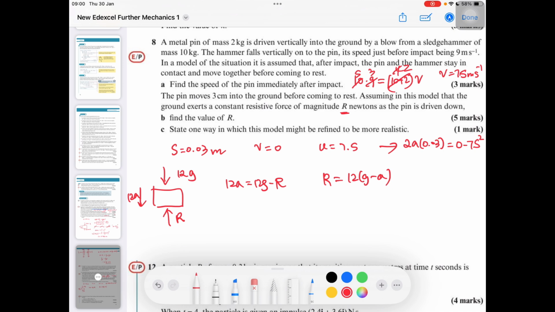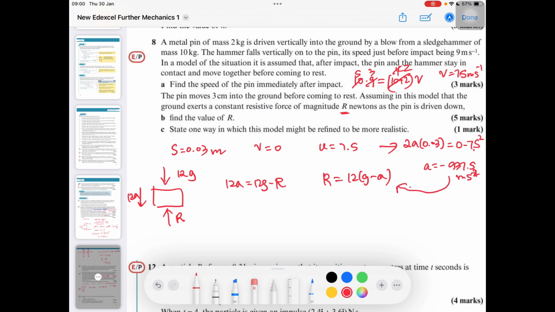So this is the one and 7.5. Negative 7.5 squared over 0.06. So a is negative, quite high, 937.5 meter per second squared.